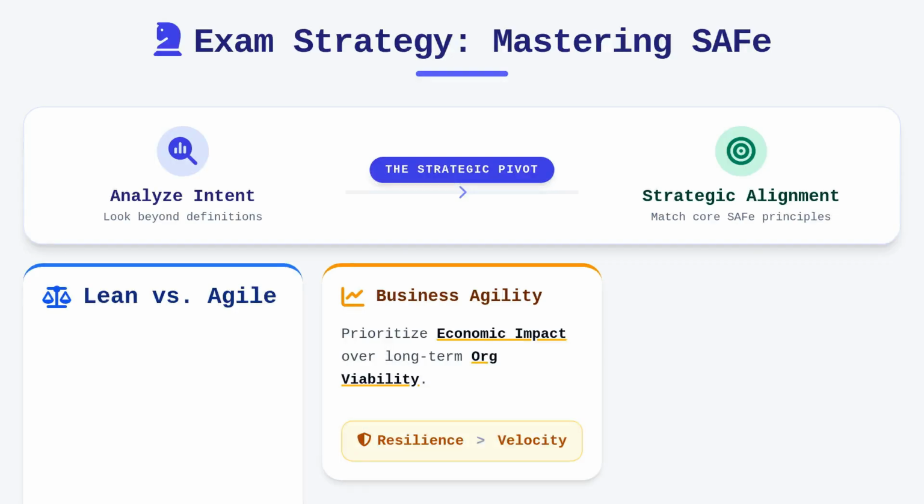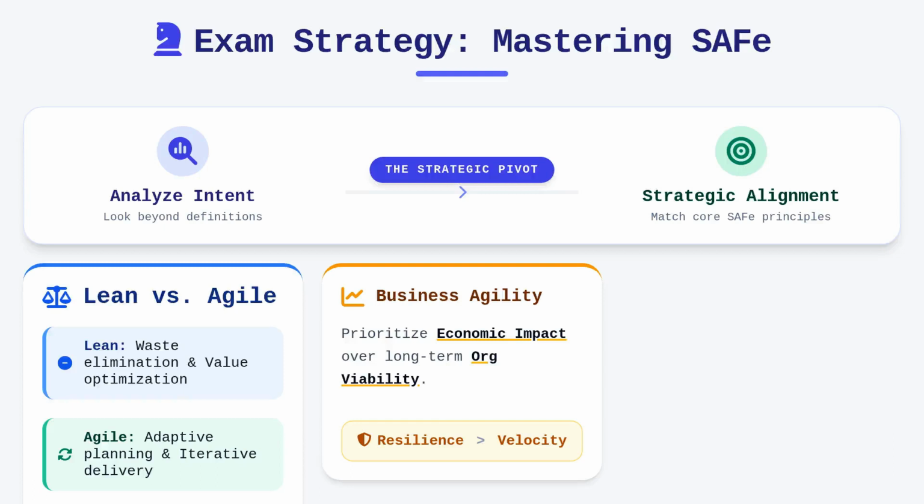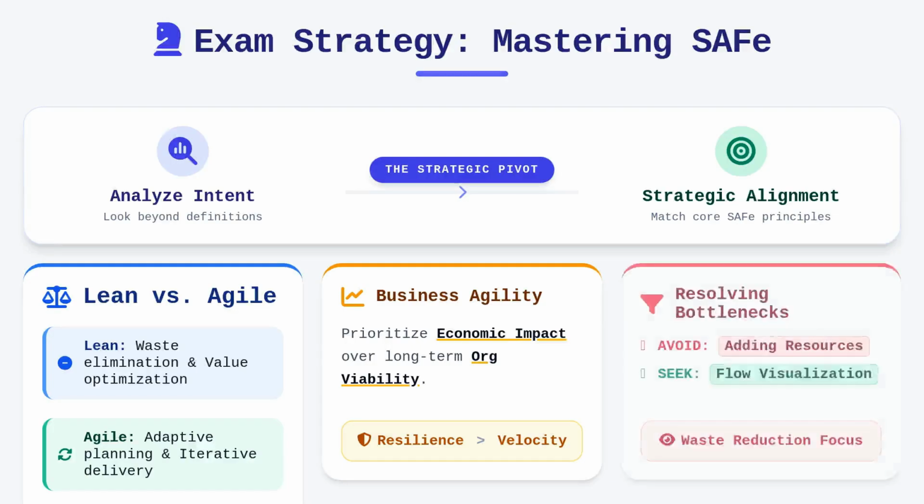SAFe consistently emphasizes that business agility is not merely about velocity, but about the ability to navigate change through technical and organizational resilience. You must distinguish between Lean, which focuses on the elimination of waste and value optimization, and Agile, which prioritizes adaptive planning and iterative delivery. While the Agile Manifesto laid the groundwork for individual team success, SAFe expands these concepts to a portfolio level through a structured framework.